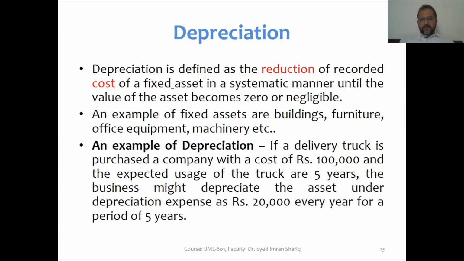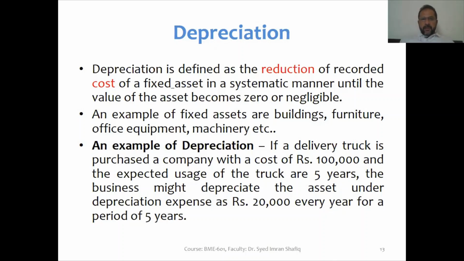An example of depreciation is if a delivery truck is purchased by a company with a cost of rupees 10 lakhs and the expected usage of the truck is 5 years, the business might depreciate the asset under depreciation expenses as rupees 20,000 every year for the period of 5 years. Sorry, 1 lakh. So if the cost of the truck is 1 lakh and the life is 5 years, every year 20,000 will be depreciated.